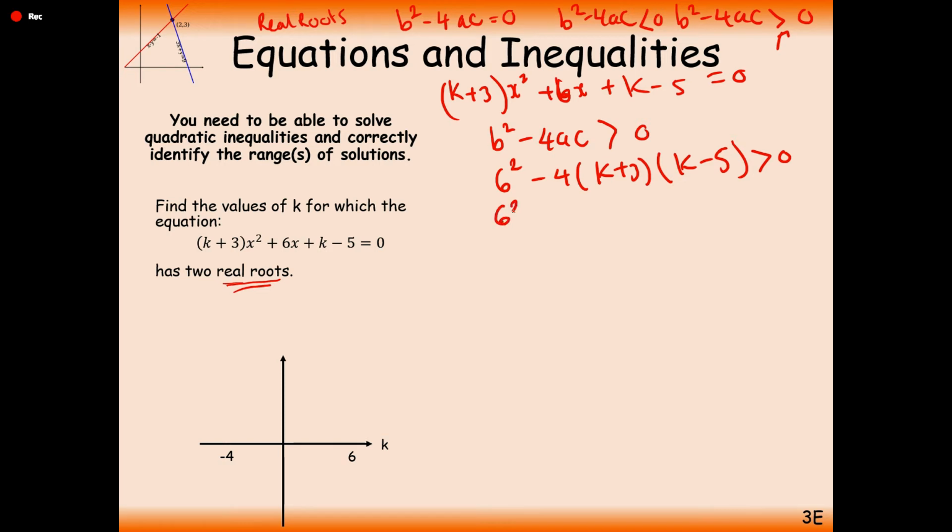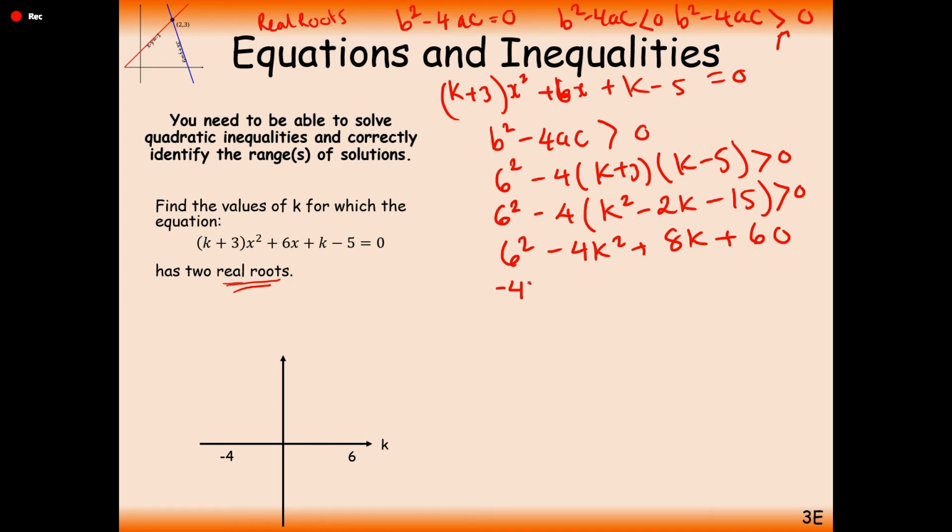Now expanding and simplifying gives us 6 squared minus 4 open brackets k squared minus 2k minus 15 is greater than 0, and then simplifying it further, 6 squared minus 4k squared plus 8k plus 60. Sorry, plus 60. And now we finish it off to get it more simplified.